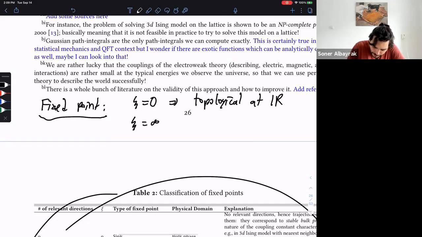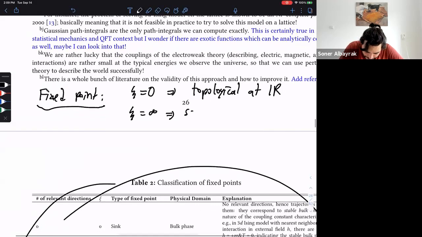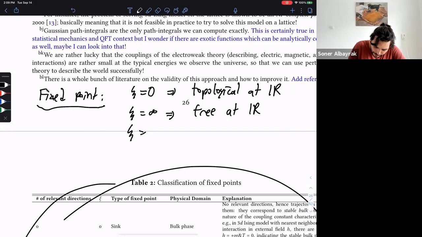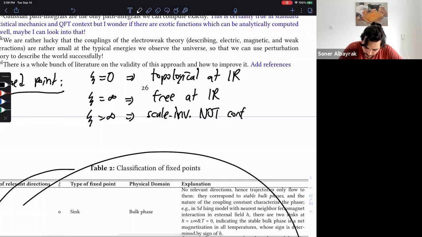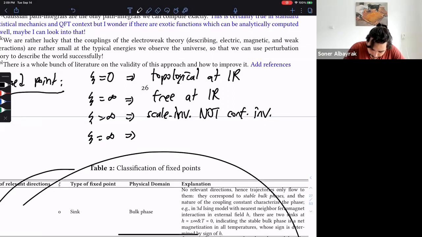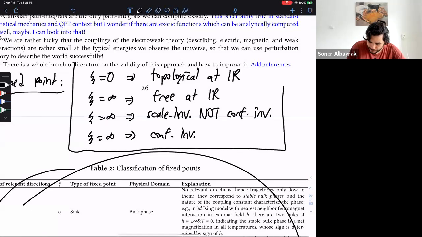Xi can be infinity, and the theory is free in the IR. Xi is infinity, and the theory is scale invariant but not conformally invariant. Or Xi is infinity, and the theory is conformally invariant. So there are basically 4 cases for fixed points.